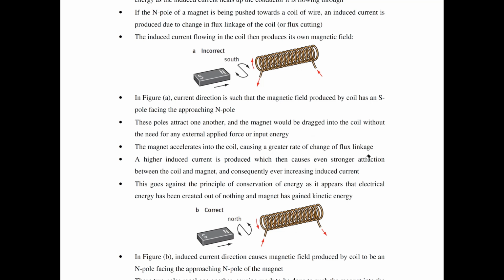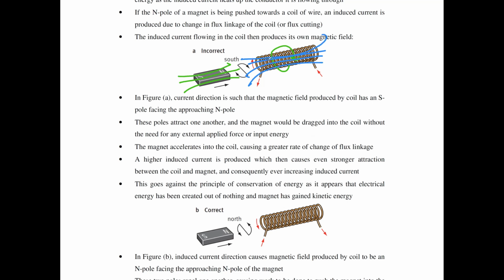So let's just consider that your induced current is trying to flow like this. You learned that in the previous chapter for magnetic field, when you have current flowing through a solenoid, it will tend to produce its own magnetic field. So right now, apart from your bar magnet here, which has its own magnetic field like this, current flowing inside your solenoid would also produce its own magnetic field like this.